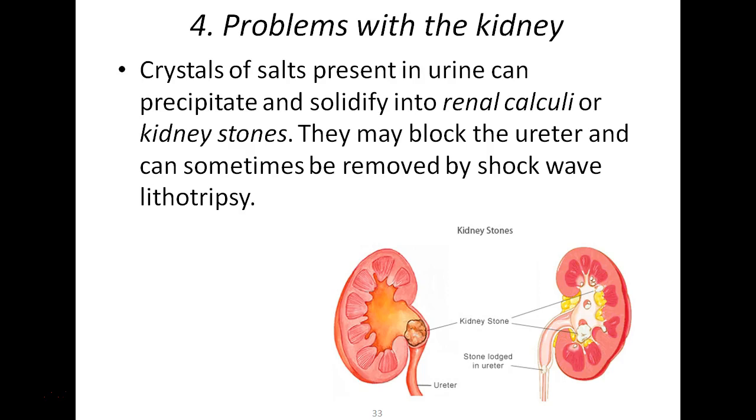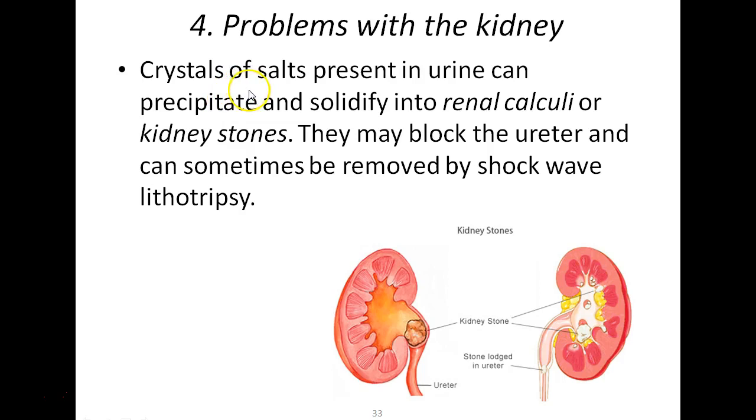Another problem that might occur with the kidney is a kidney stone. If one ever talks to a person who has quote-unquote passed a kidney stone, they'll describe it as an extremely painful situation. And here we see that kidney stone passing through the ureter. And something not shown is that that kidney stone has jagged, very sharp edges. And that's because the salts have become crystallized.